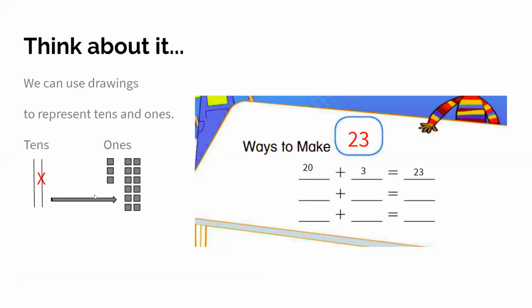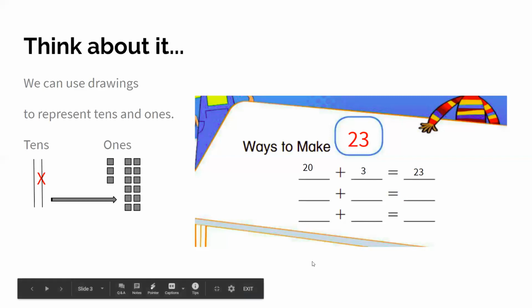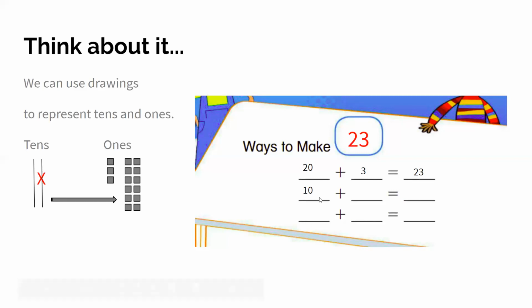So now we see that there's only 1 ten left. So if there's only 1 ten left, that means it's just 10. Now we have 10 over here with the ones, and we've got 3. So let's count on: 10, 11, 12, 13.